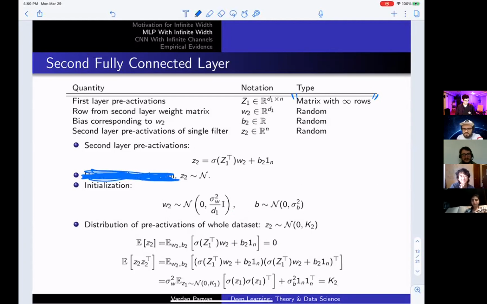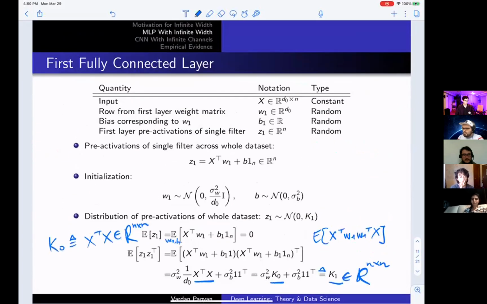Does anyone have, so Amireza is skeptical as well. Like you did way back, says Justin. What did we do way back? So way back, the reason why Z1 was Gaussian was because X was constant, right? And W1 was random. And so if you multiply a constant by a random, you get a random distribution.